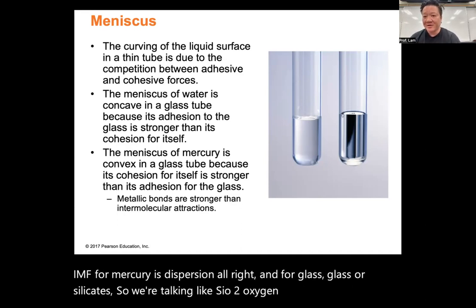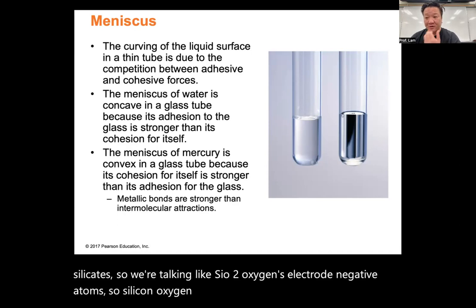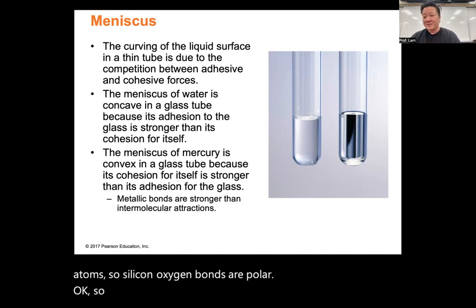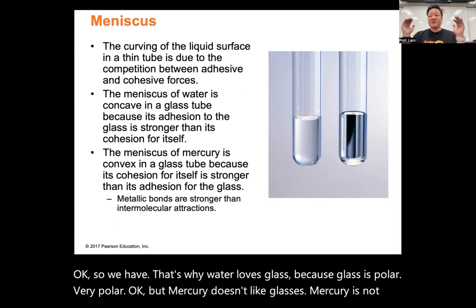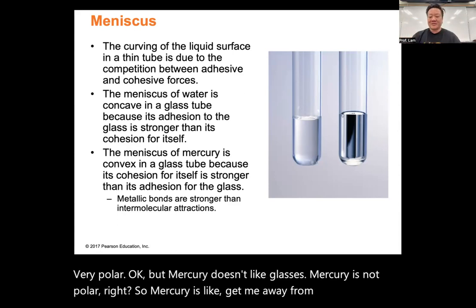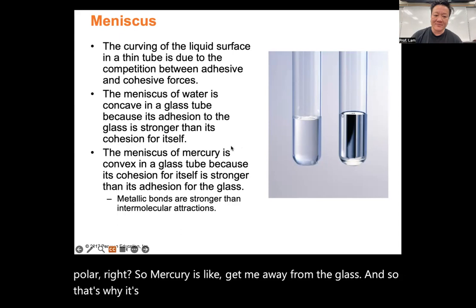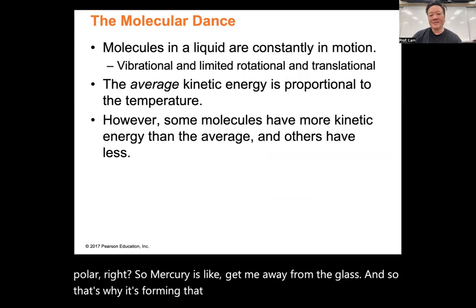Oxygen's an electronegative atom, so silicon-oxygen bonds are polar. So that's why water loves glass, because glass is very polar. But mercury doesn't like glass. Mercury's non-polar, so mercury's like, oh, get me away from the glass. And so that's why it's forming that convex meniscus.